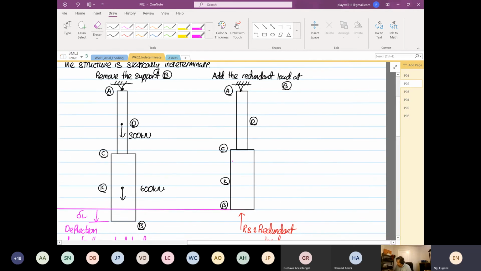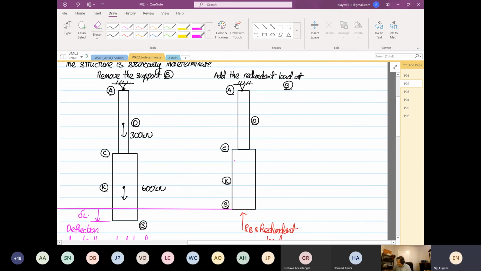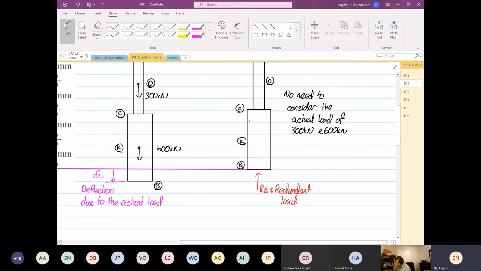So at this stage, when you add the redundant load, no need to consider the actual load, for this case 300 kilonewton and 600 kilonewton.